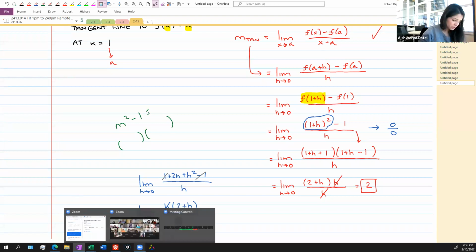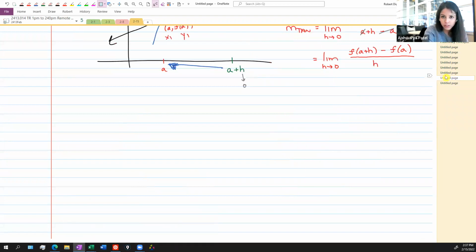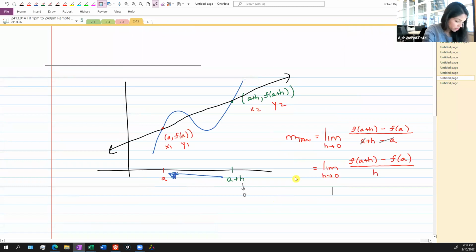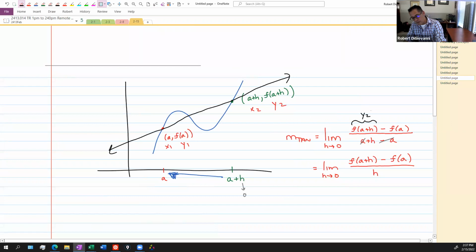I have a question. Yes. For this second formula, when you started to do it, on top it says f of a plus h. You just put f of x for that. Why is that? What I did here, this is Y2, this is Y1, this is X2, this is X1.